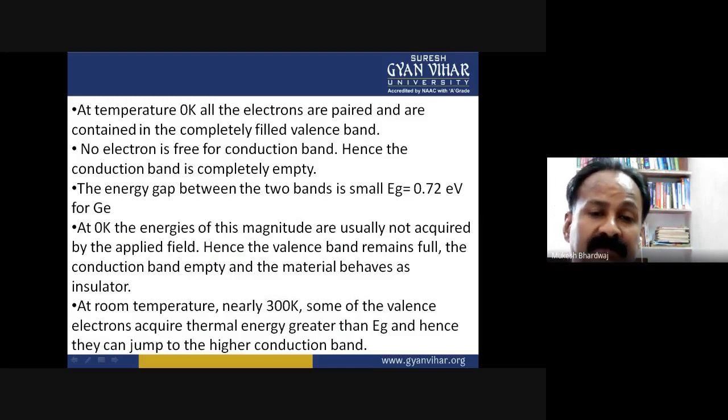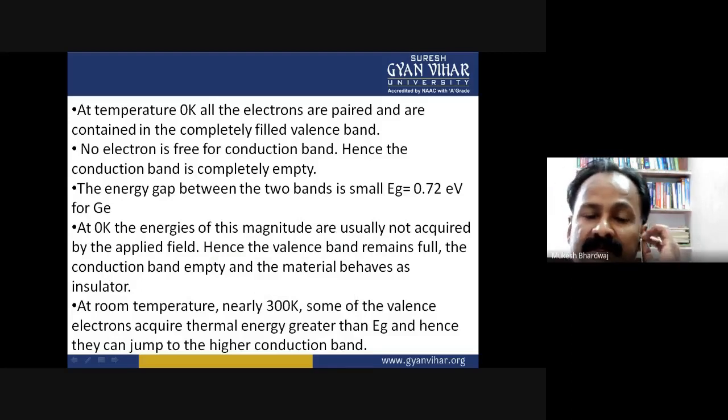At room temperature, nearly 300 Kelvin, some of the valence electrons acquire thermal energy greater than Eg, that is 0.72 for germanium, and hence they can jump to the higher conduction band.